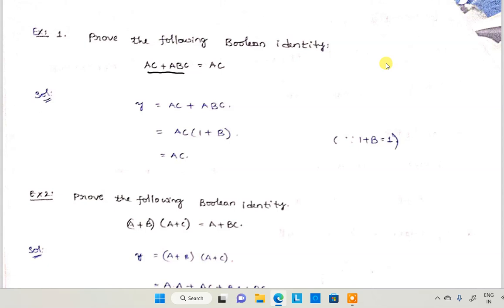They are asking, option A is equal to AB, option B is equal to AC, option C is equal to ABC, option D is none of the above, for example. So in this particular case, I prove that AC plus ABC is equal to AC. Just take it here, AC, ABC. I can take the common of AC.